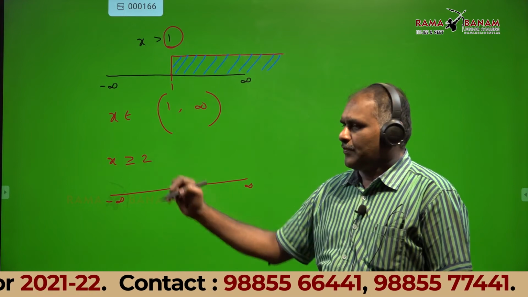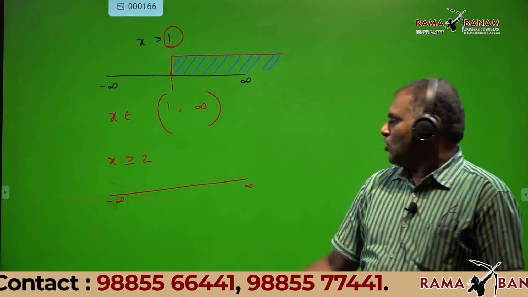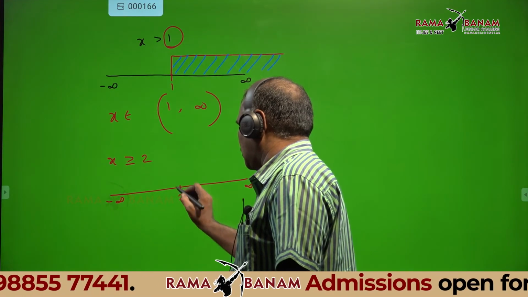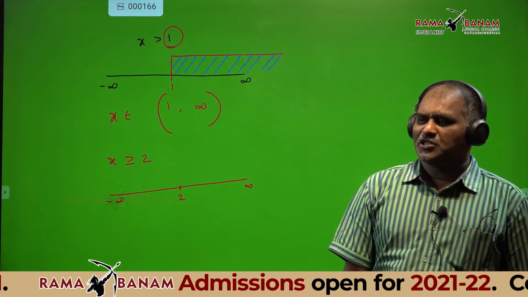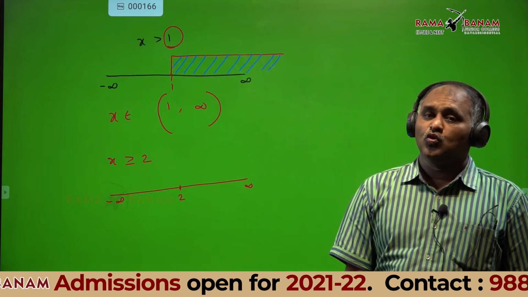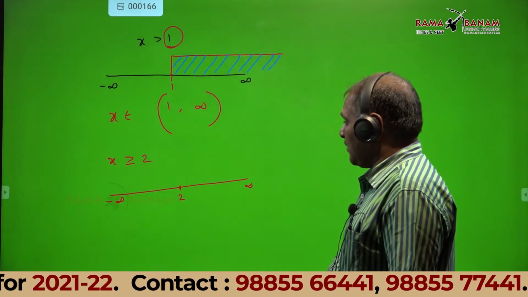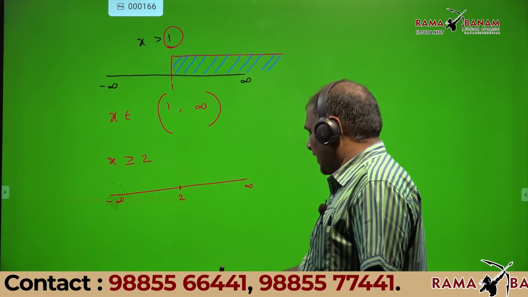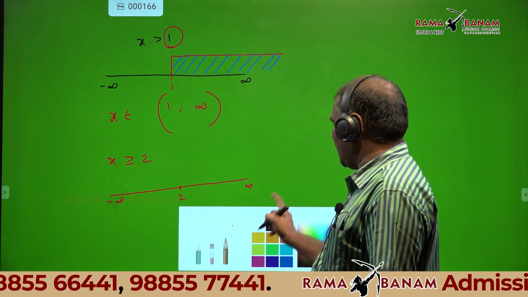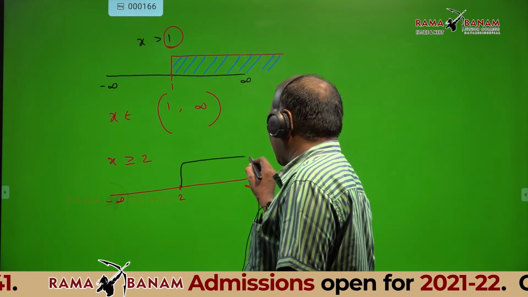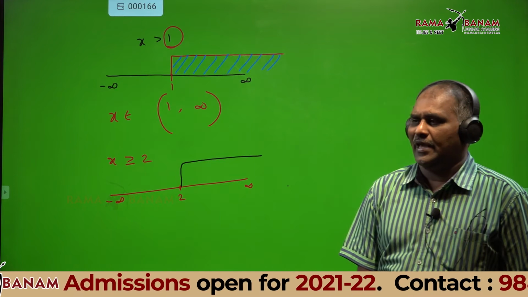What is the number here? 2. Indicate x equal to 2. By observation, greater than is there, and greater than means right hand side. You can draw on the right hand side.